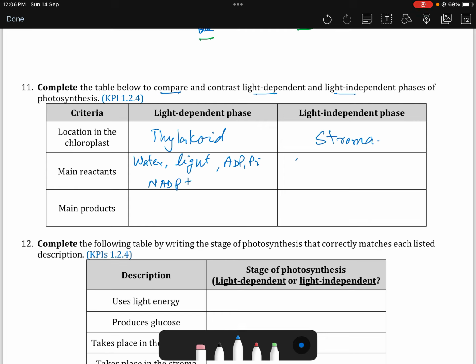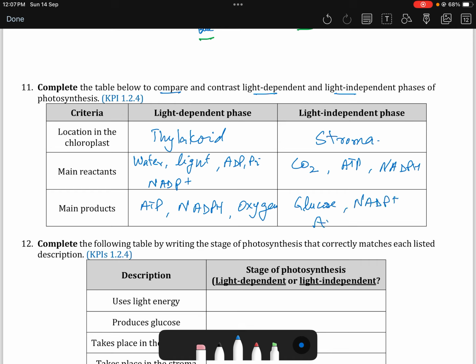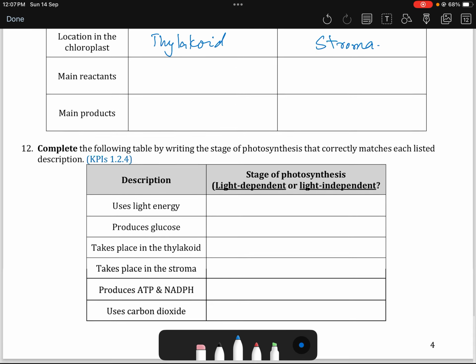Going into the light independent: CO2, ATP, and NADPH. Now the products: ATP, NADPH, and oxygen. In the light independent phase: glucose, NADP plus, ADP, and Pi.